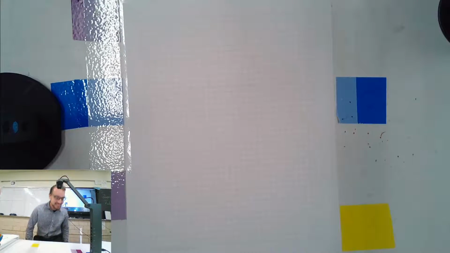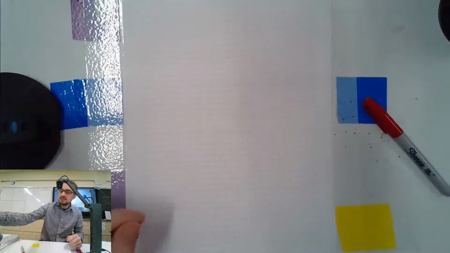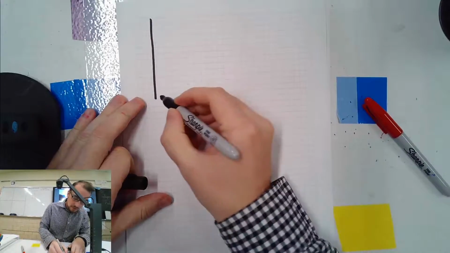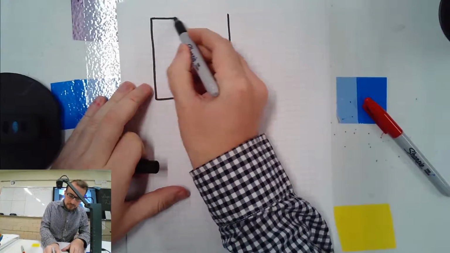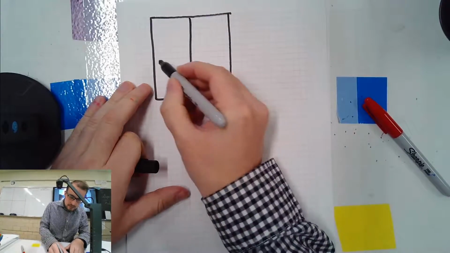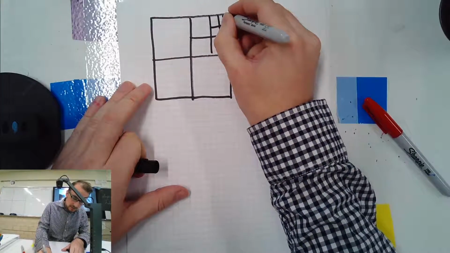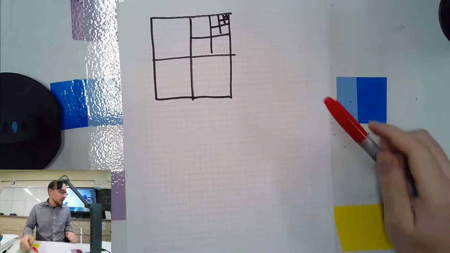Here we are. So if we're going to do this, drawing a picture might help. Some kind of square, right? Quarters, quarters, quarters, quarters. There's 7 of them.